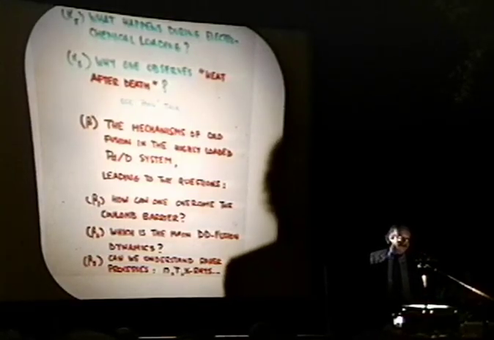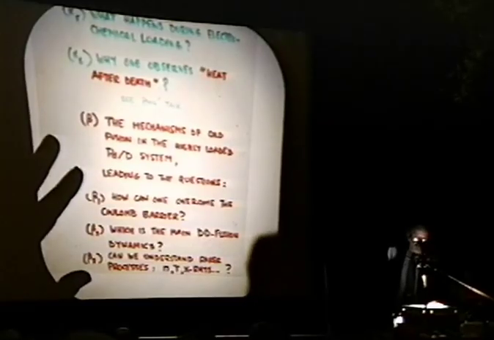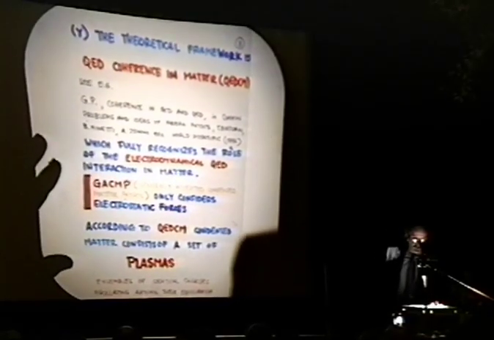Some questions, beta 1, how can one overcome the Coulomb barrier? Which is the main D diffusion dynamics? Can we understand rare processes involving neutron, tritium, X-rays, activation? And after beta also we have gamma, and the gamma is the theoretical framework which has been used in this talk.